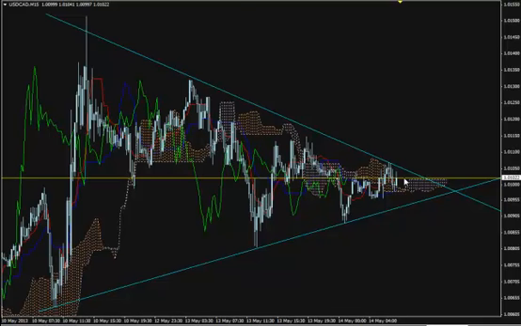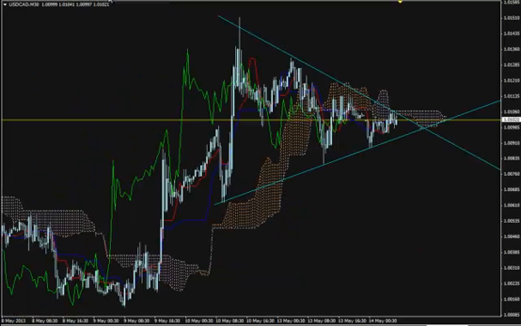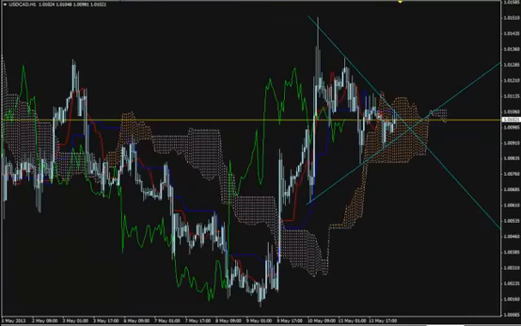We are safe to enter long, and we can put our stop at a safe place, which is below one of the Kumos, and we will pick the Kumo of one of the bigger time frames to give us enough distance to feel safe that our stop will not be hit.